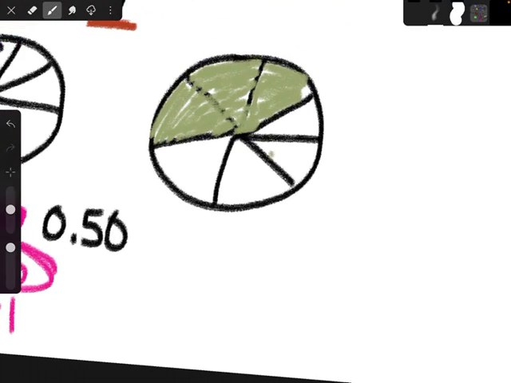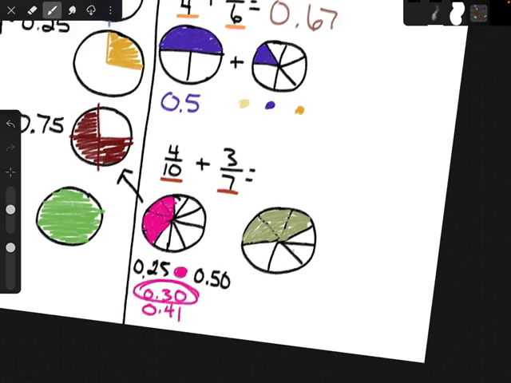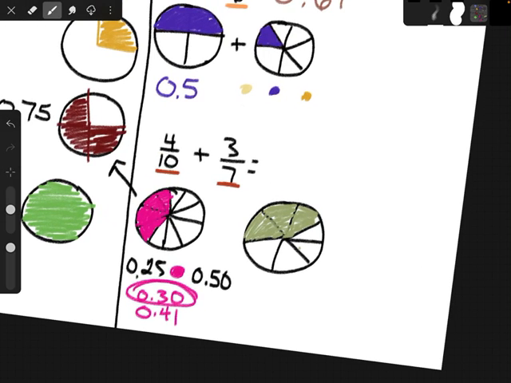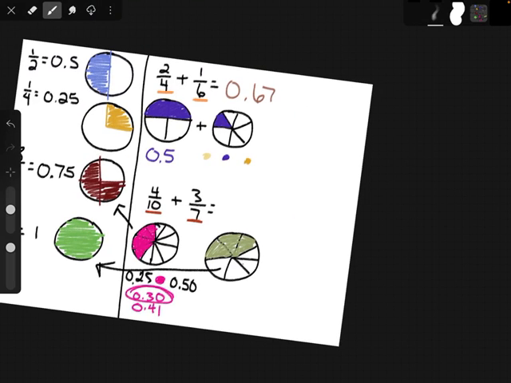And over here we're going to do the exact same thing. Is this dark green bigger than this green or smaller? It's smaller. Is this dark green bigger or smaller than this dark red brown color? Well, let's see.